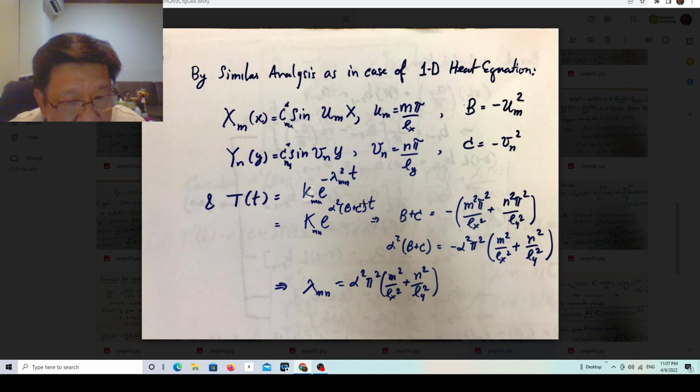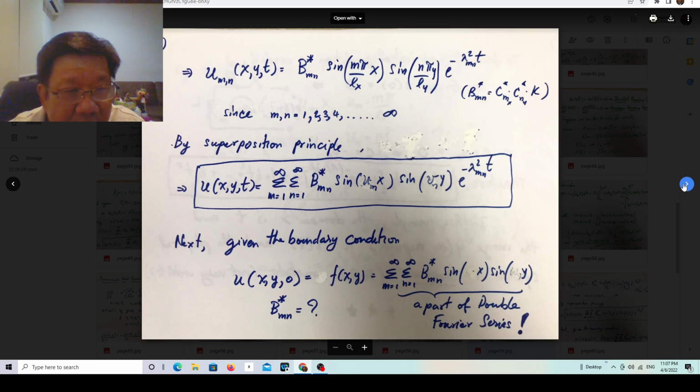So you end up with this general form that relies on both the m parameter and the n parameter, of coordinates x, y times t, with some constant value. You have a sine term and a sine term, both because of the Dirichlet condition, which comes from the boundary condition.